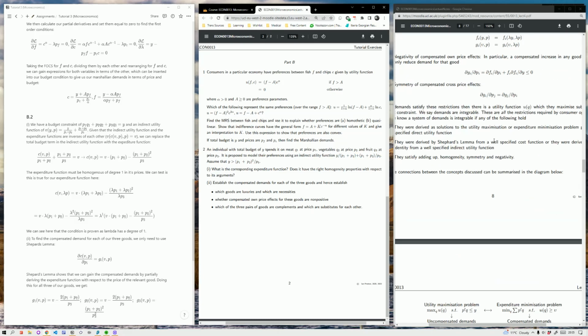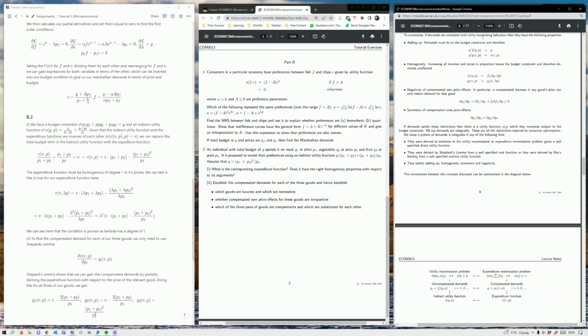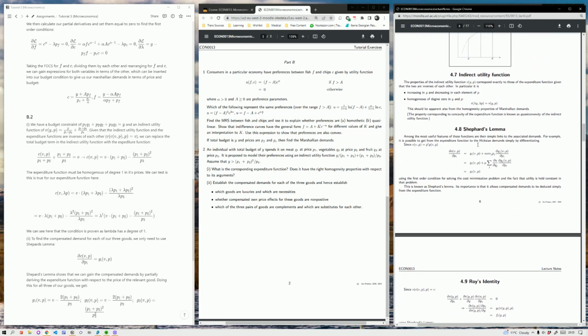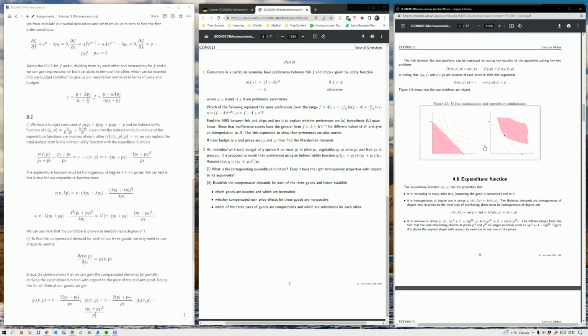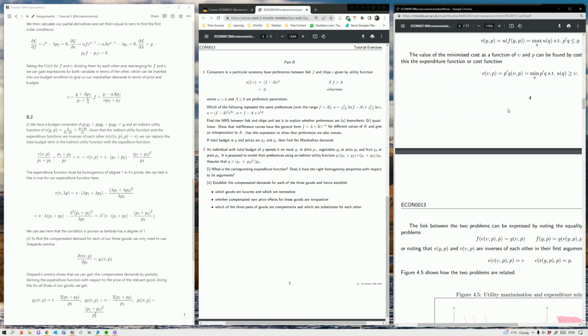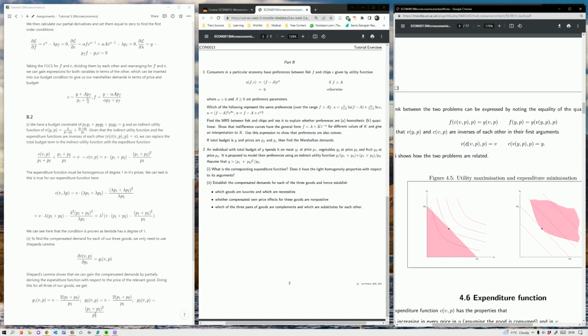And look here, this is why: the arguments are inverses of each other. So, if I put the expenditure function alongside the prices into the indirect utility function, it'll equal V, right?